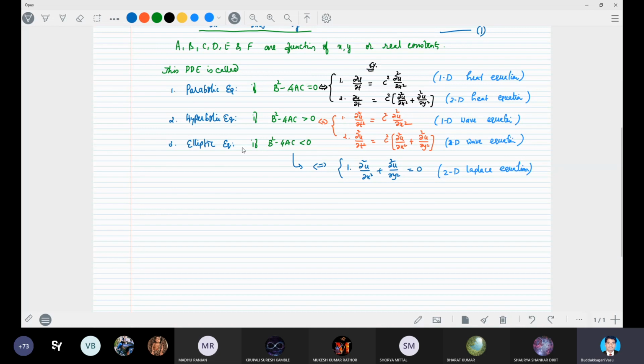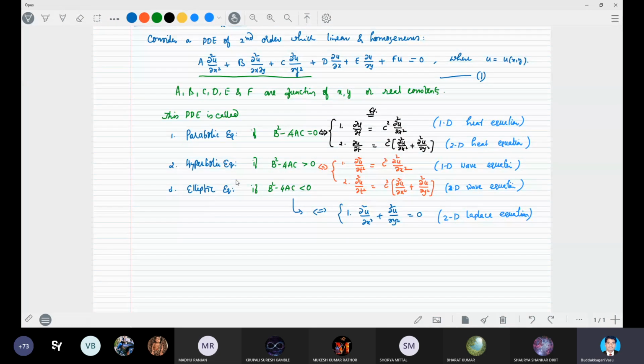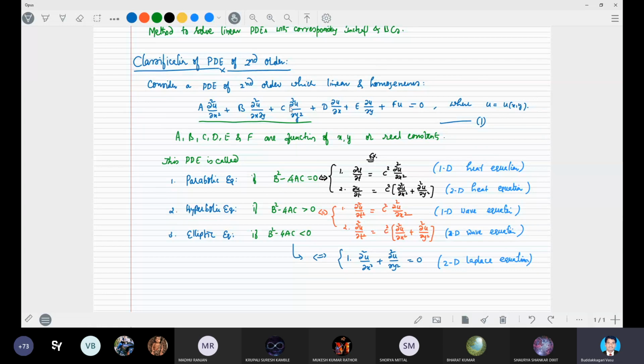These are the usual classification of any second order linear PDE, where A, B, C may be functions or constants, which can be classified into parabolic, hyperbolic, elliptic.